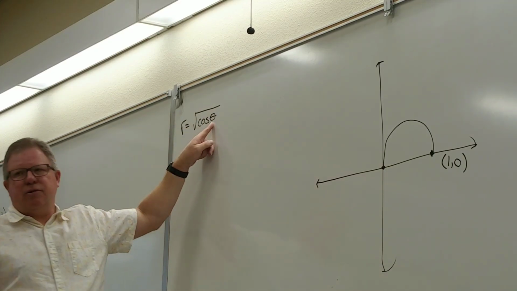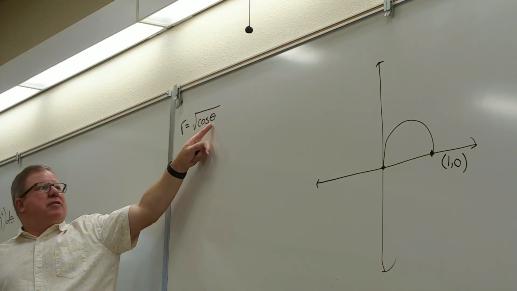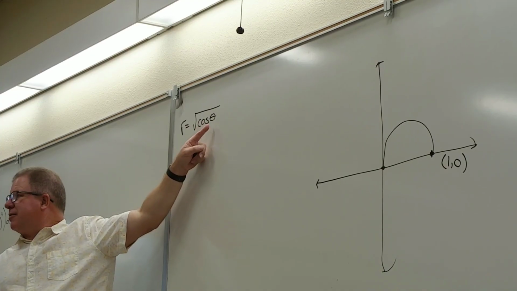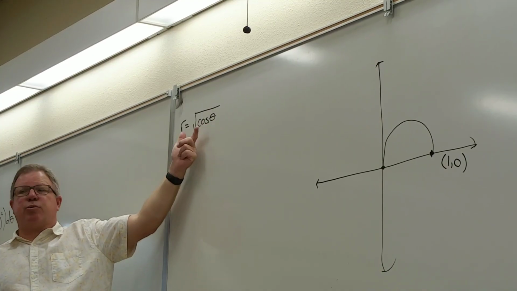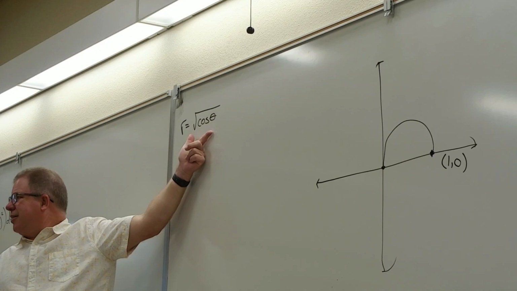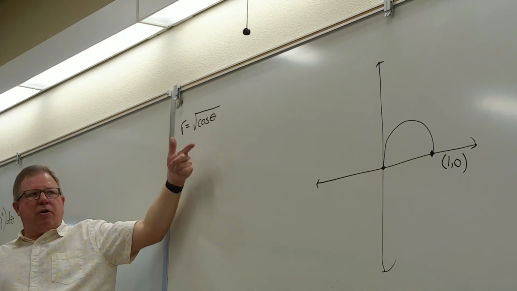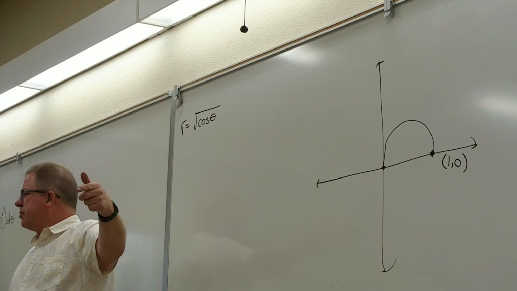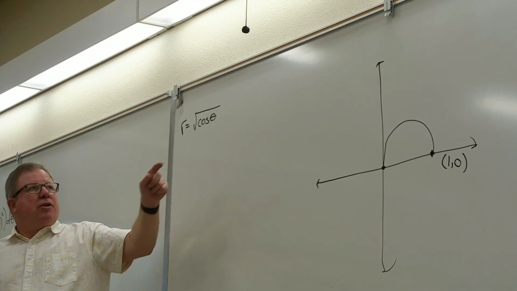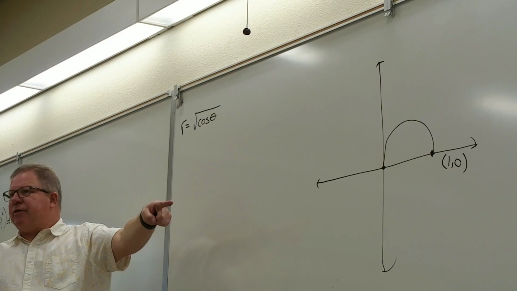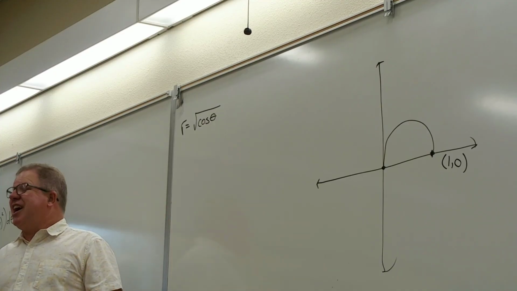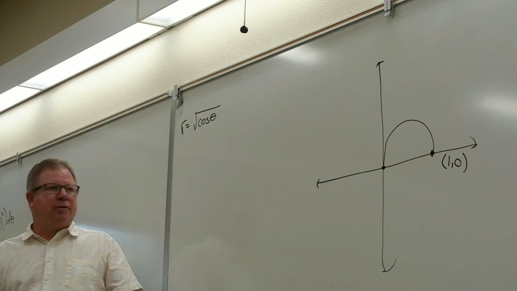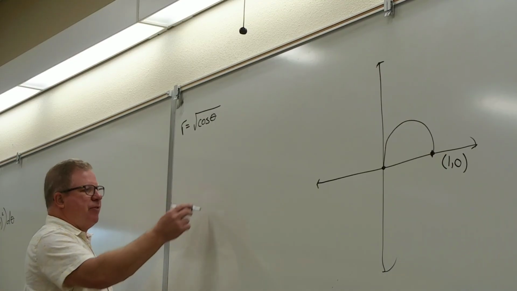Now, we can't continue. If we put in pi for theta, what's cosine of pi? Negative 1. Now we've got the square root of negative 1, which is i, and we're limiting ourselves to the real numbers. We can't use imaginary or complex. Does that make sense? How do we generate the bottom half? We actually have to start at negative pi over 2.